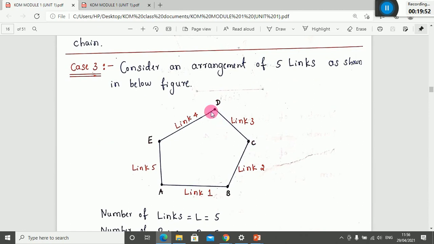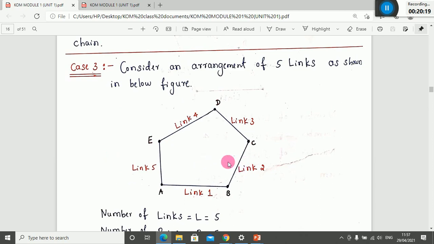Because when you give the input to link 2, when you are giving a rotary motion to this link BC, after a certain time, this link 4 and 3 will come down like this. They'll come down. After a certain time they'll be in a locked position. They'll not be able to lift. So just try to frame this type of link.